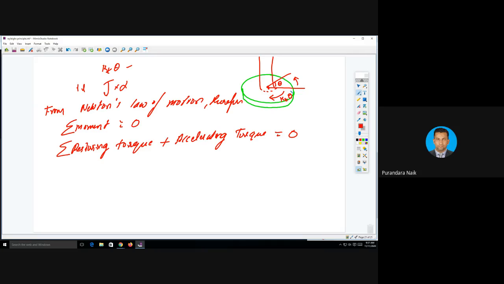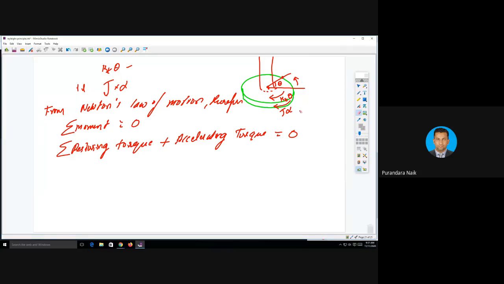And if you twist it to angle theta and leave it, there will be an inertial torque opposite to the twisted direction. This inertial torque is also in the same direction, that is J into alpha. Both are in the same direction.